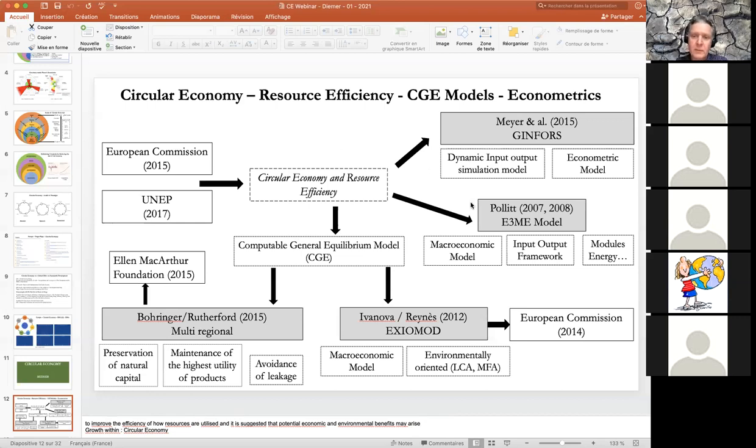The other one is different models that are also macroeconomic models. They have a very big conception of the macroeconomic system, but at the same time they try to introduce input-output system analysis. So these models put some simulation on what circularity we could have and try to involve some climate and energy discussion.